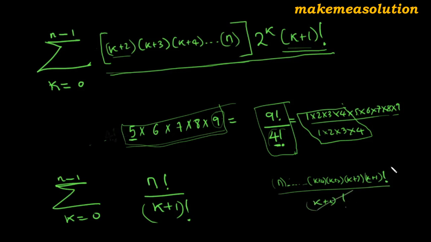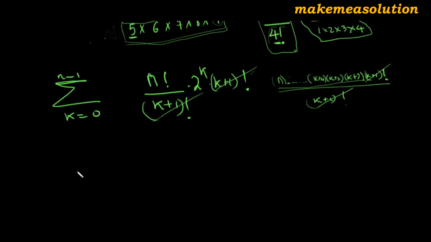So if this cancels out this, you're now going to be left with from here to here, just like we have here. So the whole of this product is still the same thing as someone saying n factorial divided by k plus 1 factorial. And you now have times 2 to the k, then you now have another k plus 1 factorial. Is that okay? So this can now cancel out this. Okay. And finally, it cancels out, you'll now be left with sigma k equal to 0, n minus 1.